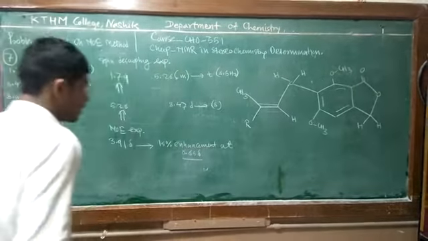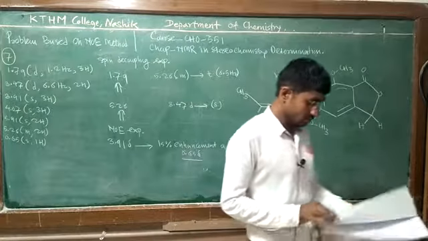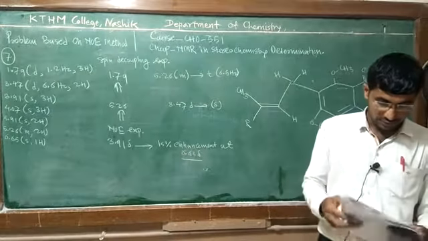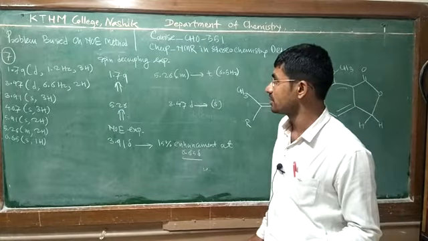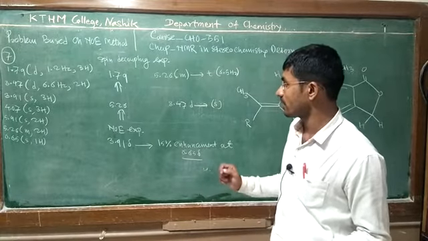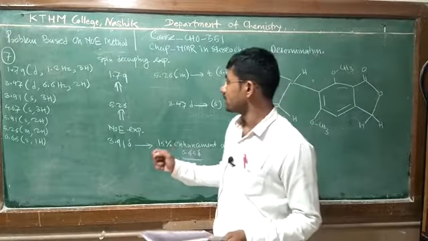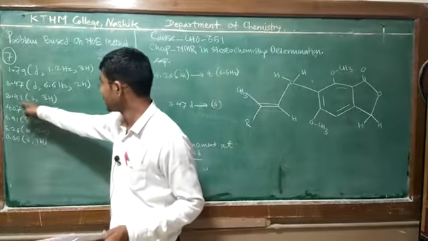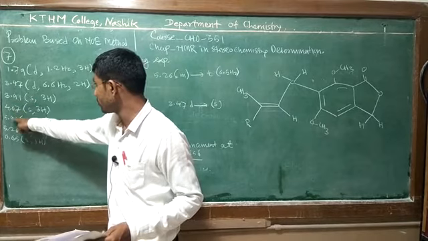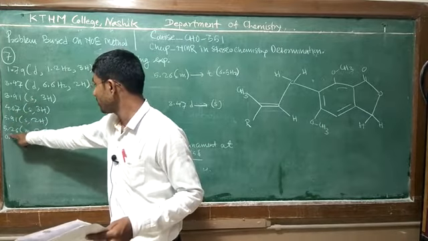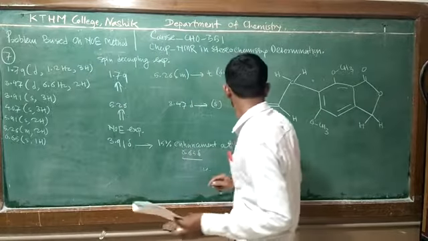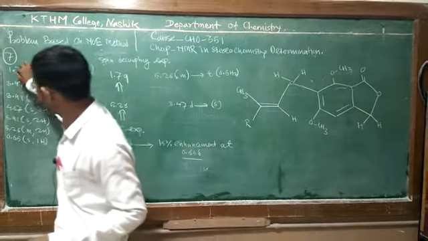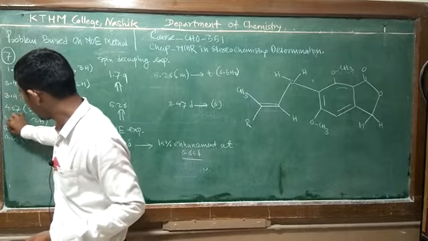So we have to assign these values. Firstly, the signals are 1.79, then 3.47, 3.91, 4.07, 5.91, 5.26 and 6.65. If you count the number of signals: 1, 2, 3, 4, 5, 6, 7.